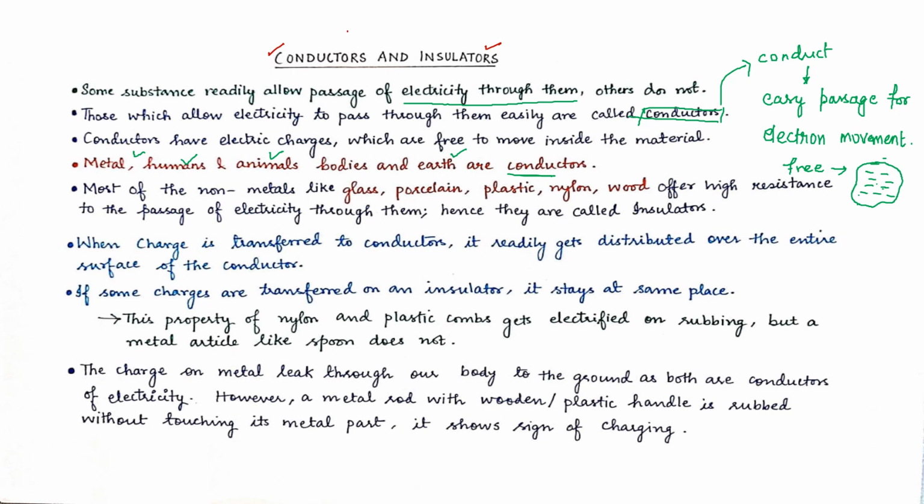Now moving to the next point, most of the known materials like glass, porcelain, plastic, nylon, wood offer high resistance to passage of electricity. They do not allow the electricity to pass through them, and hence they are called insulators. Insulators insulate.